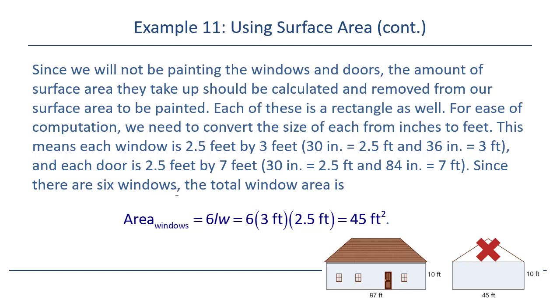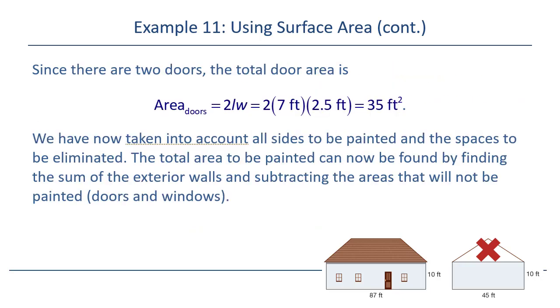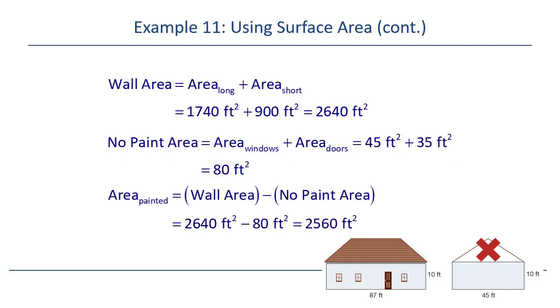There are 6 windows, so we do 6 times this, 2.5 times 3. So 2.5 times 3 is the area of 1 window. Multiply that by 6. So there's 45 square feet of windows that don't need to be painted. Do the same thing with the 2 doors. 7 feet by 2.5 feet times 2 gives us 35 square feet for the doors. We add those 2 things together and then subtract it, or just subtract them individually, right?